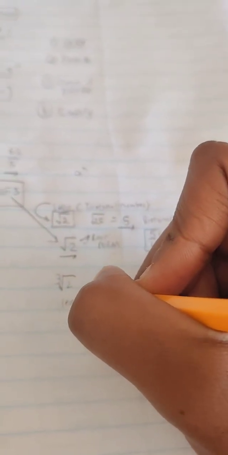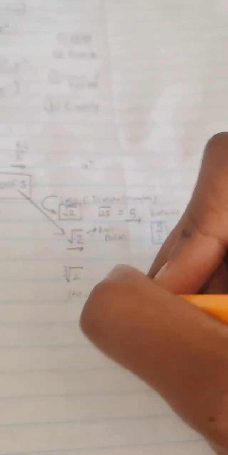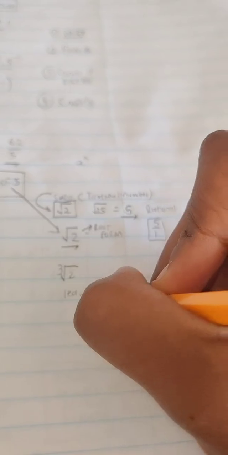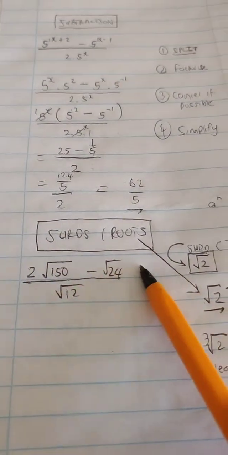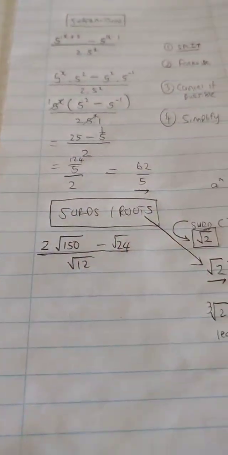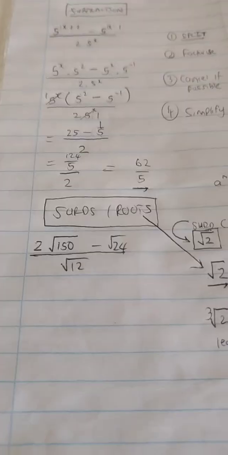So guys, if they say leave answer in surd form, it means they don't want any decimals as your final answer. Also secondly, if you are simplifying something of this nature, you cannot use a calculator.